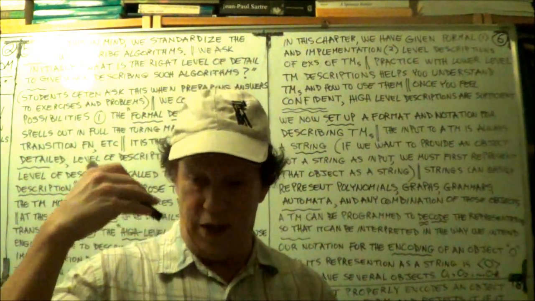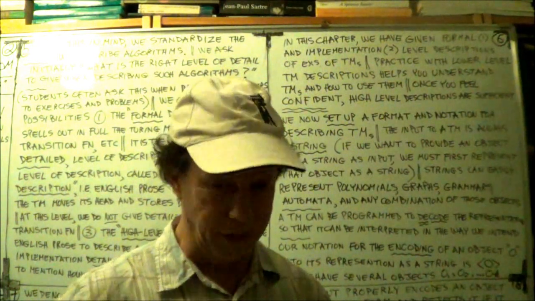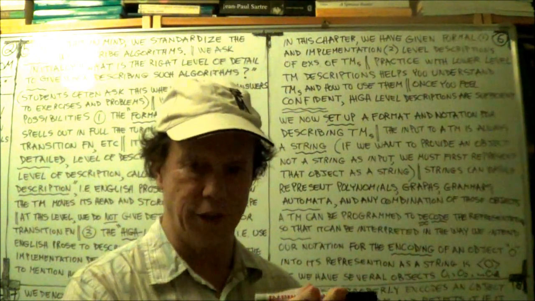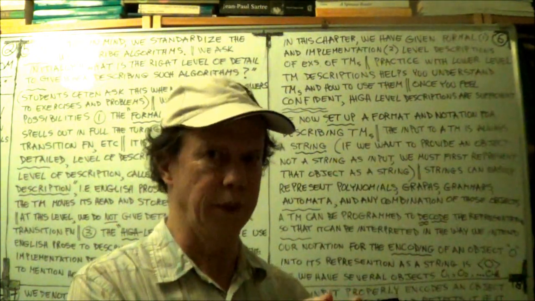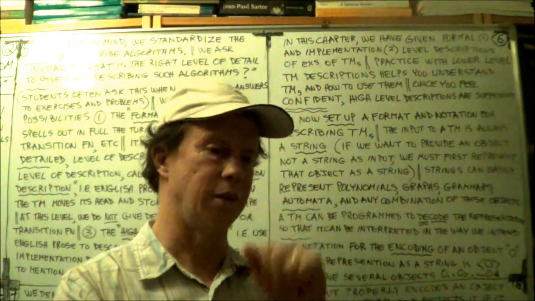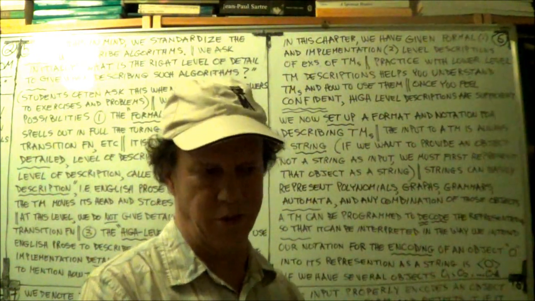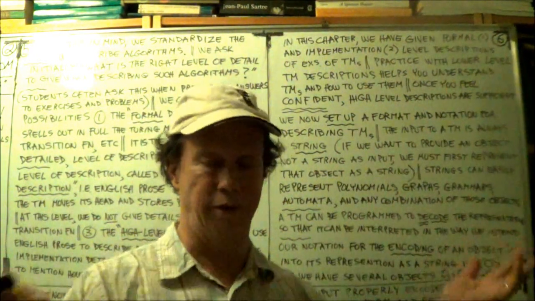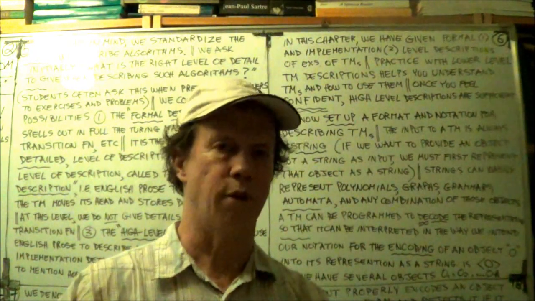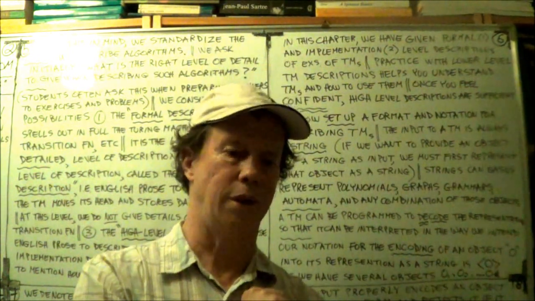You encode the information about your object into the string. That string then goes into the Turing machine, and then the Turing machine does the opposite process. It decodes. In other words, it extracts the information about the object, whether it's a grammar or a graph or polynomial or whatever it is. So the Turing machine, as part of its program, decodes that information.